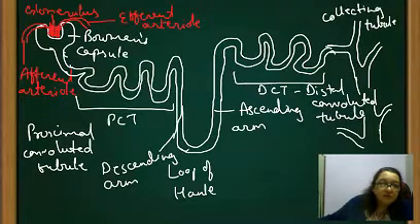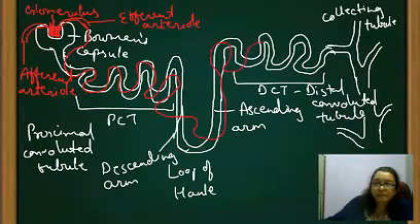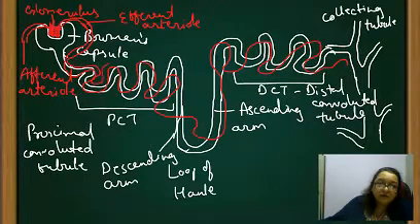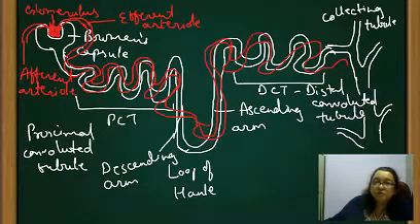Whatever filtered blood comes out into this efferent arteriole gets surrounded to this whole tubule, and ultimately it goes into the circulatory system.